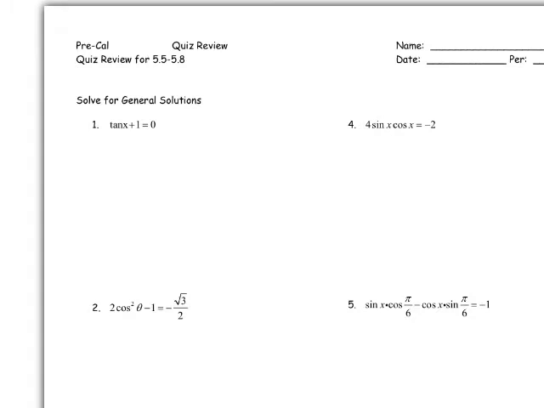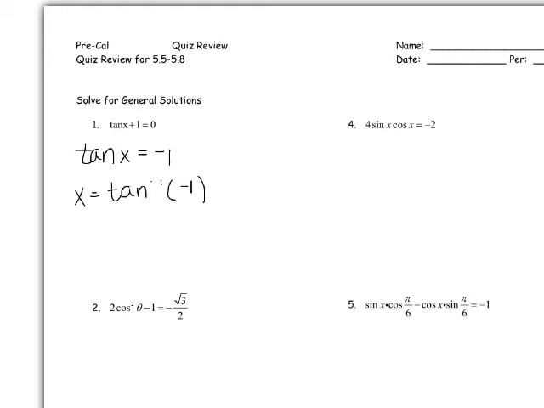Alright, so it looks like number 1, if you try to match this, this doesn't match with anything at all. So this is just, I call it algebra. It's not really algebra, but I mean kind of. We're going to get the trig by itself. So tangent x equals negative 1. So I just subtracted 1 from both sides. And then I'll take inverse tangent.